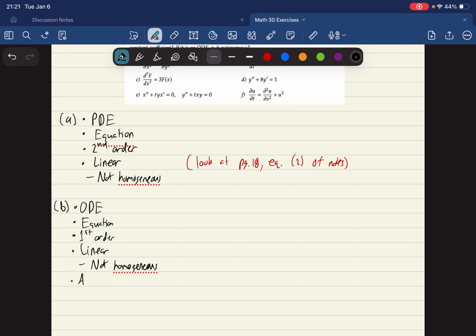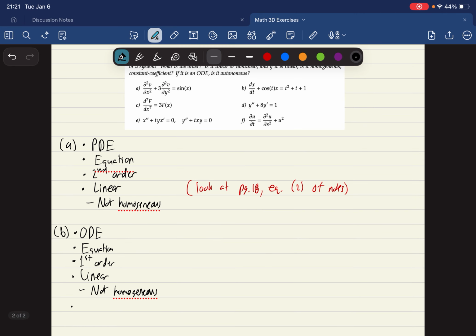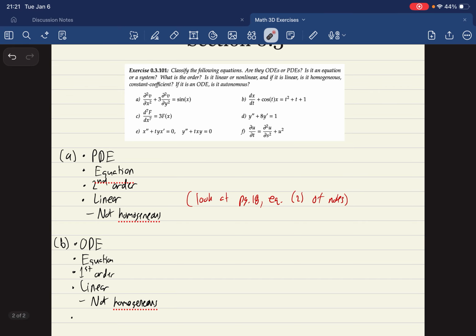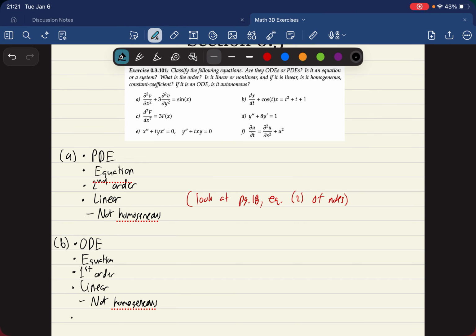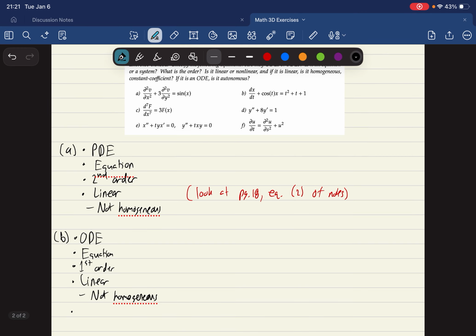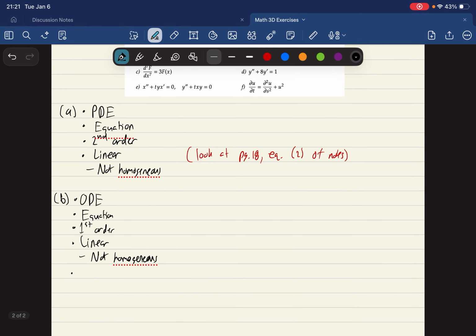And is it autonomous? Well, an autonomous equation, recall, I'll write this in blue, can be written in the form y prime equals f of y.